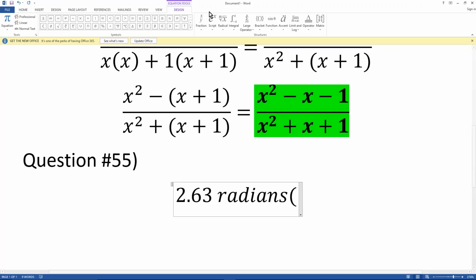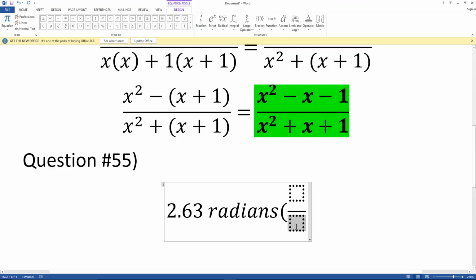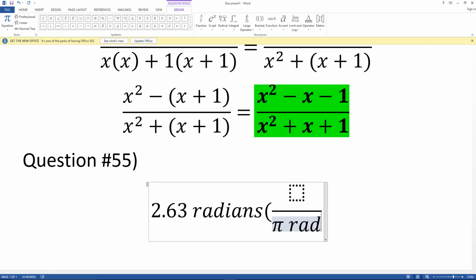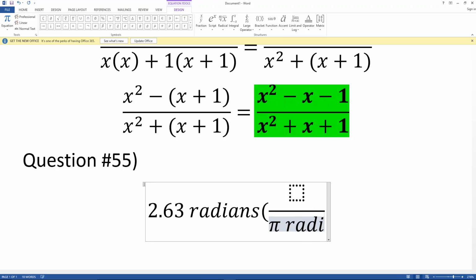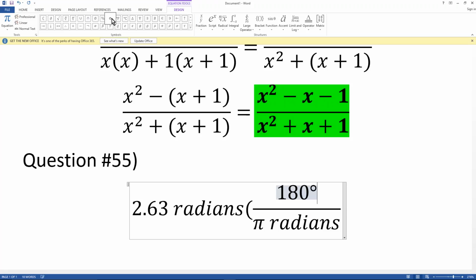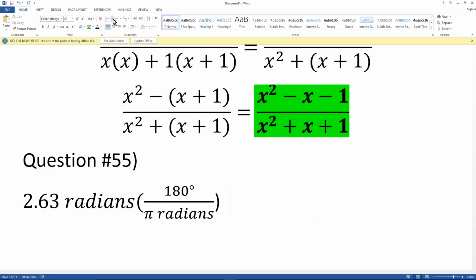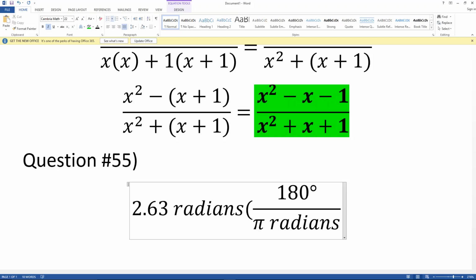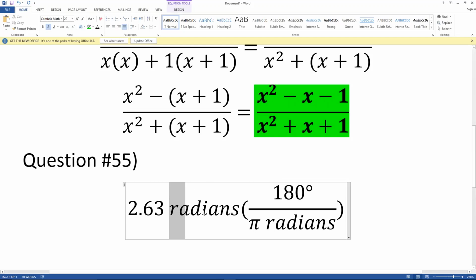So that means we have to multiply by pi radians at the bottom and 180 degrees at the top, right? Yes, sir. What happens to your radians? They cancel out. Only your radians, not your pi.